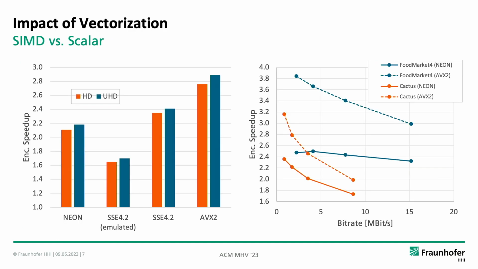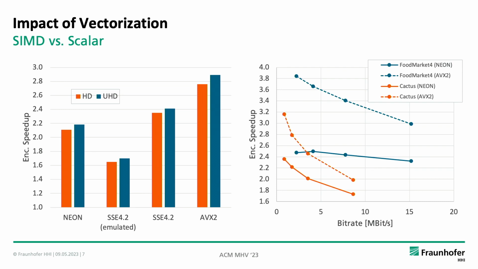So first, the impact of vectorization. What we see here on the left side is how much faster the encoder gets if you use SIMD, compared to not using SIMD, which is meant here by scalar.